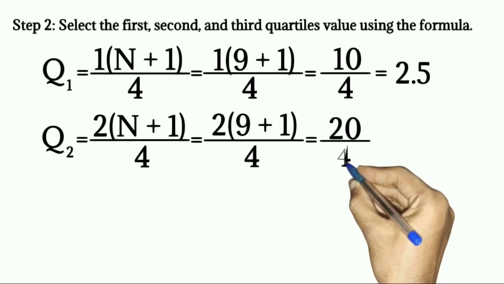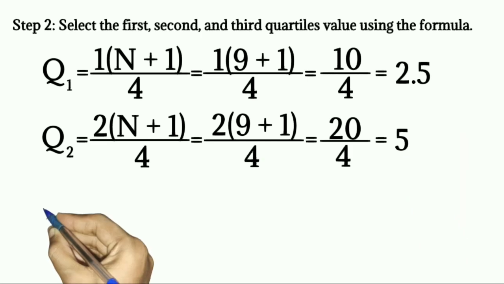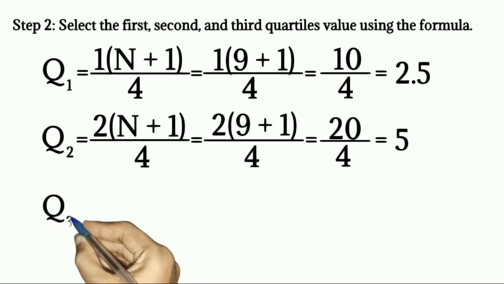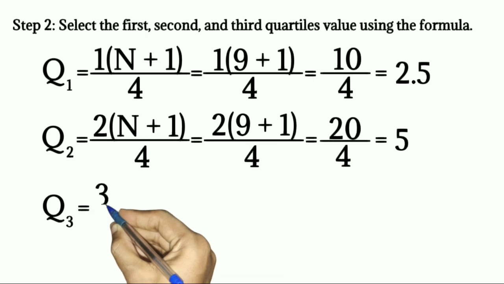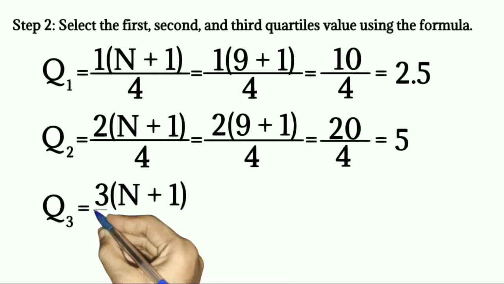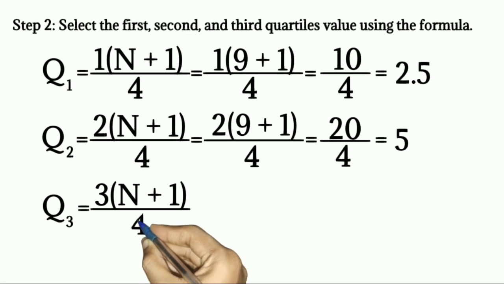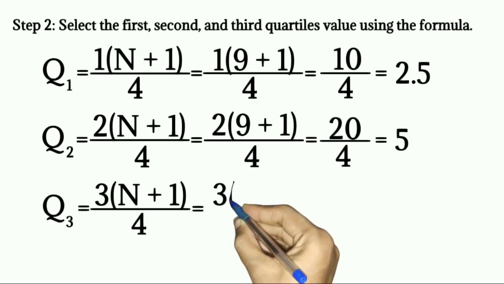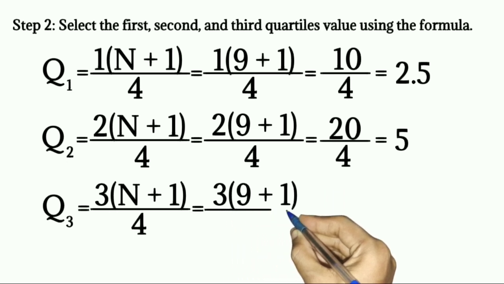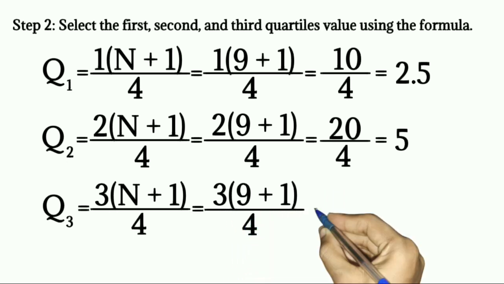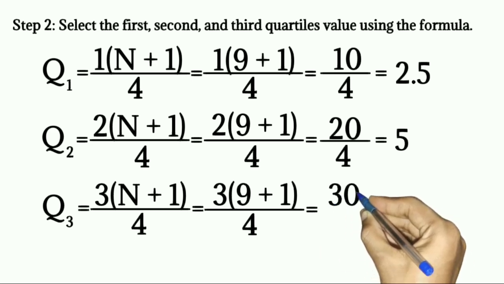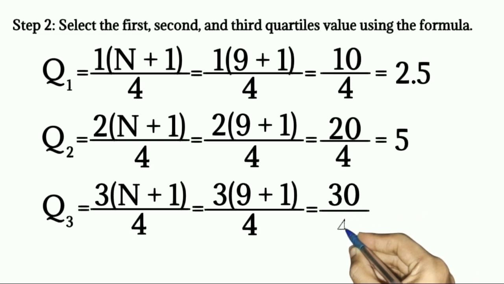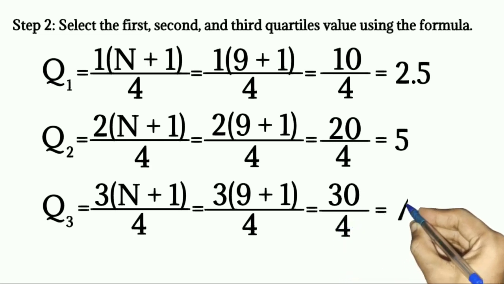And 20 divided by 4, that is equal to 5. For the third quartile, the quartile location is equal to 3. The third quartile is equal to 3 times n plus 1 divided by 4. Substitute the value of n. 3 times 9 plus 1 divided by 4. 9 plus 1, that is equal to 10, times 3, that is equal to 30. And 30 divided by 4, that is equal to 7.5.